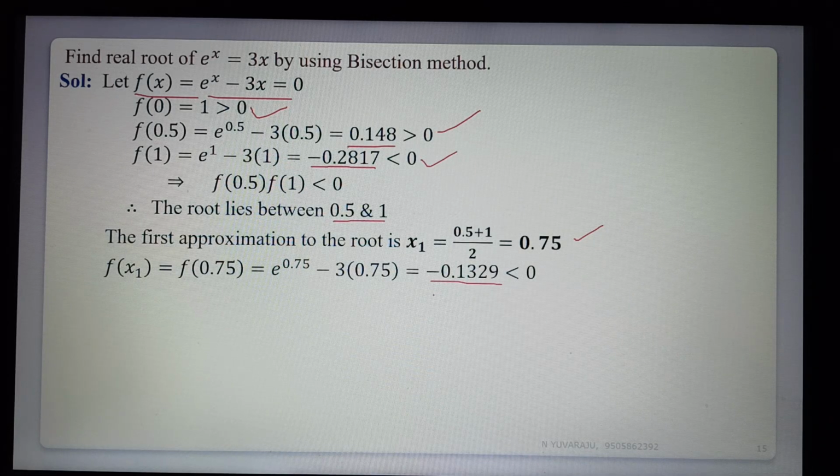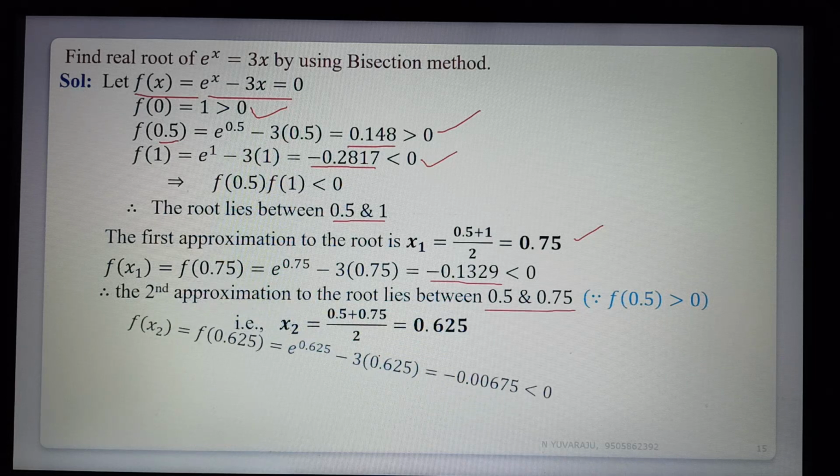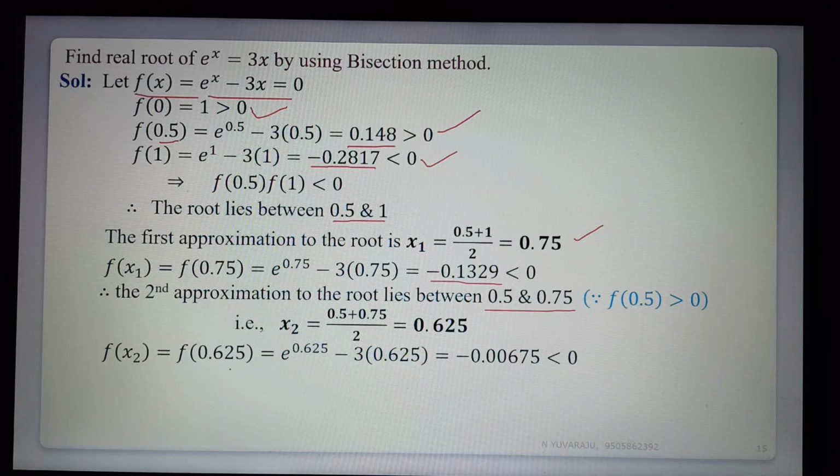So the next approximation lies between the previous value which is positive, f of 0.5 is positive, and this is negative. The second approximation lies between 0.5 and 0.75. So the second approximation is 0.5 plus 0.75 by 2 is equal to 0.625. f of 0.625, substituting in the given equation, we get minus 0.00675, a negative value only.